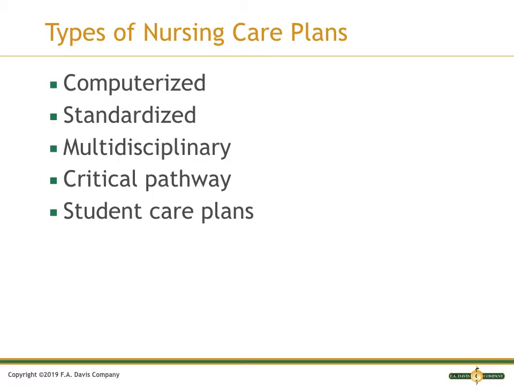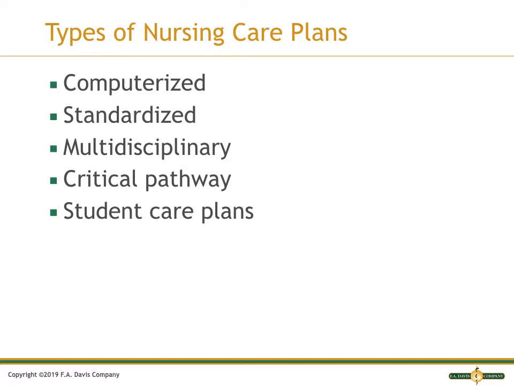Critical pathways, also known as clinical pathways, are similar to standardized care plans, but they're based on progression expected for each day that the patient is in the hospital. There's a bunch of goals that should be met throughout each day. Say a patient is post-op day 1 of an open heart surgery. Based on evidence-based practice, there will be a set of goals for every patient, and it's not as specific, unfortunately.